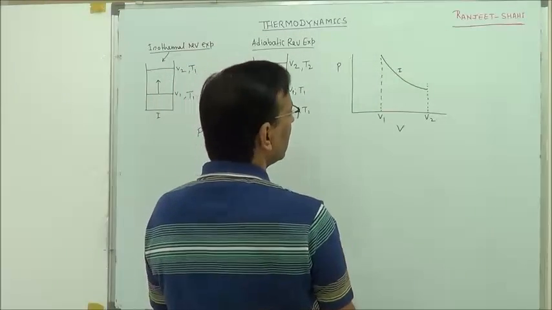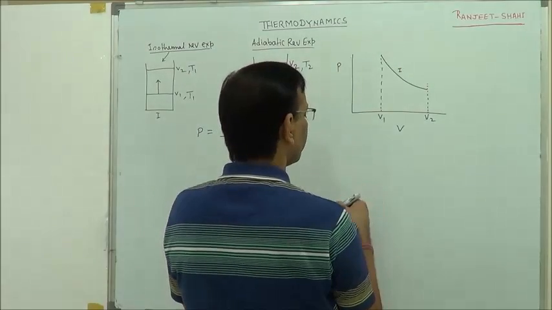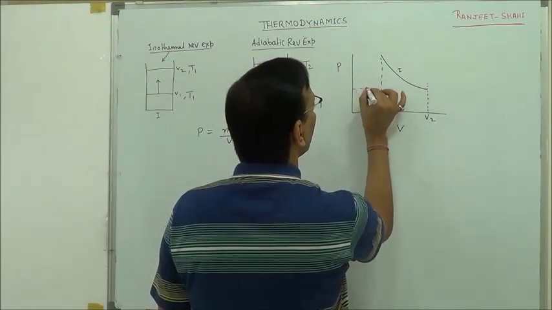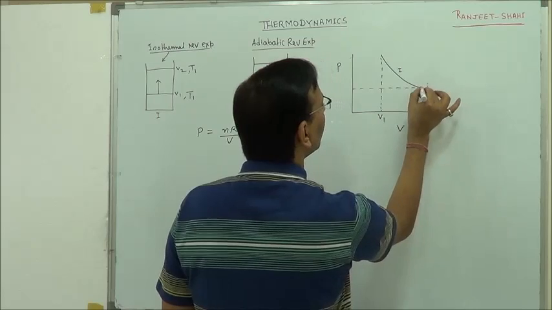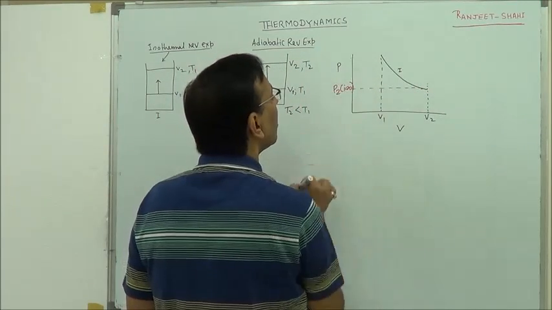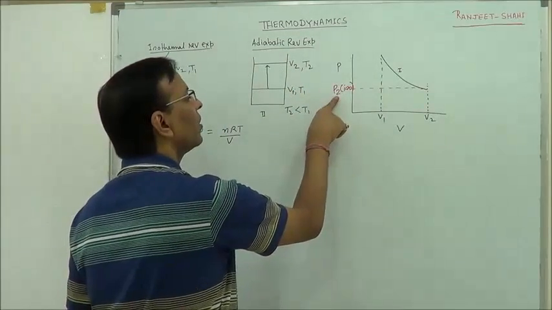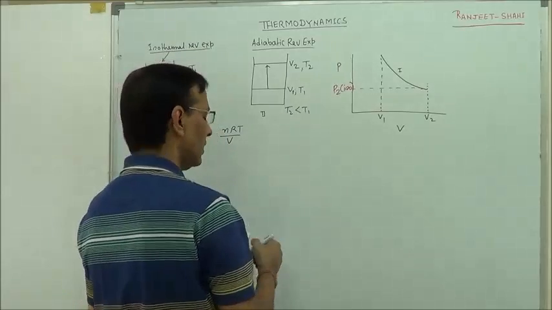So if this corresponds to P2 isothermal, the final pressure P2 for the adiabatic process will be below this.